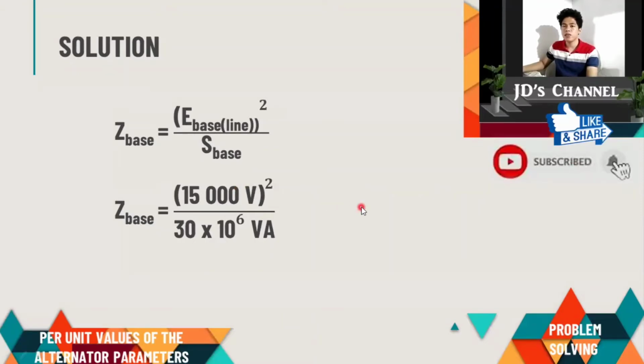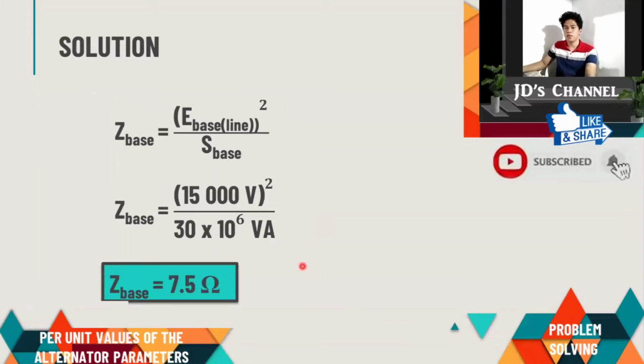E base is equal to 15,000 volts or 15 kV, over 30 times 10 to the 6 VA or the 30 MVA. And then, input lang natin sa calcu and ano yung ating magiging sagot, class. So, the value of our Z base would be, ayan, 7.5 ohms. So, yan po yung ating sagot.